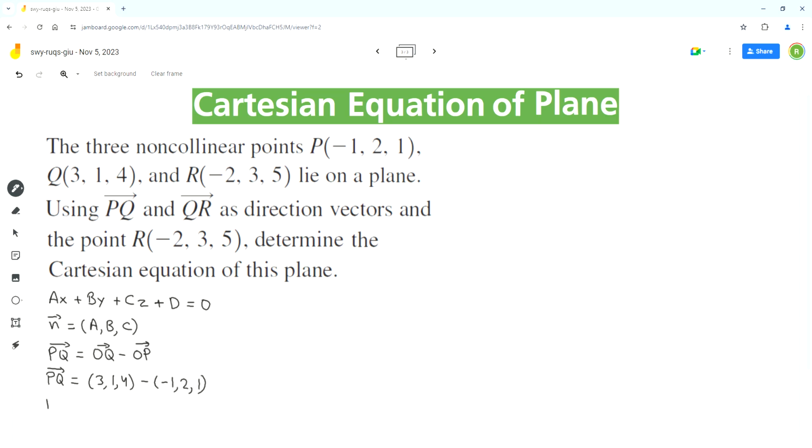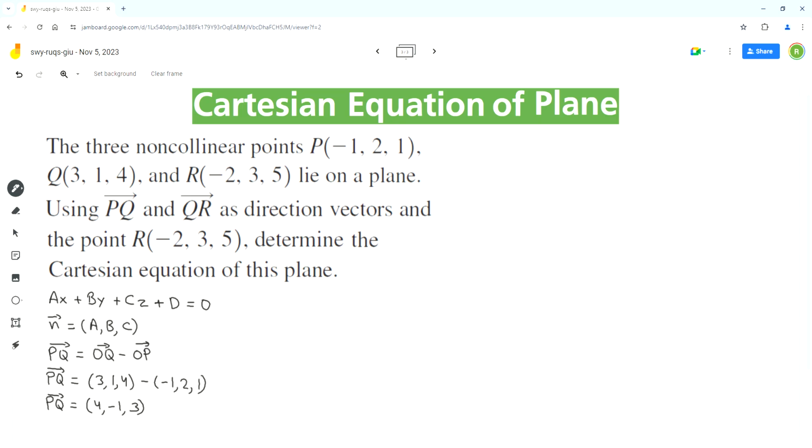Now we can subtract these two vectors. We should subtract their x, y and z components. 3 minus negative 1 is equal to 4. 1 minus 2 is equal to negative 1. 4 minus 1 is equal to 3. So this is vector PQ.